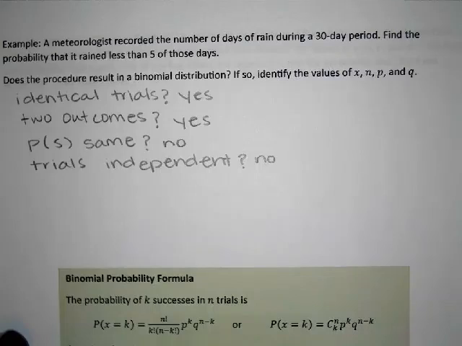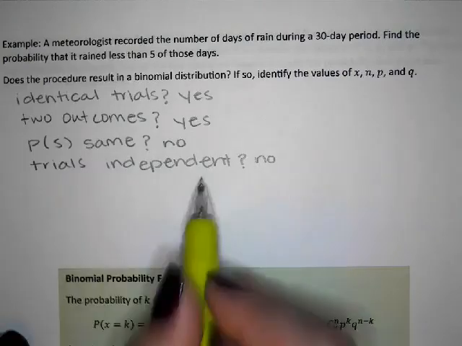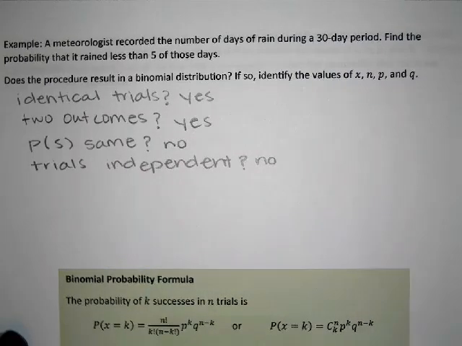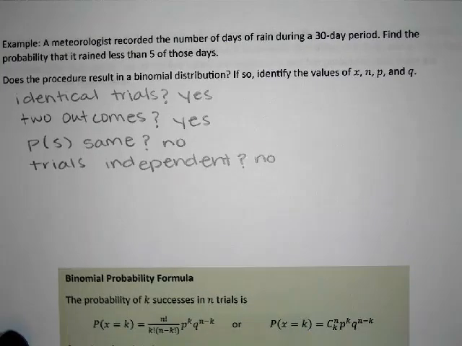You know, it's possible for it to rain one day and not rain the next day, but often if we look at the weather, there are trends in the weather. So we'll see multiple nice days in a row or multiple rainy days in a row. So I would say that are the trials independent? We'd say no for that as well, just because we're likely to see multiple days of the same thing.